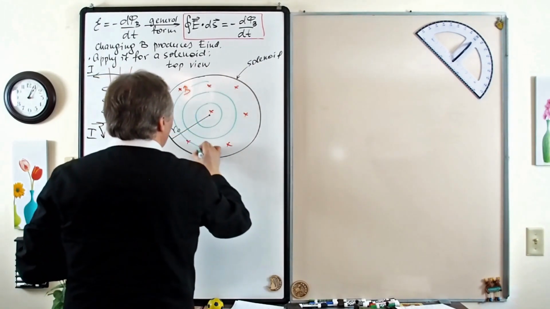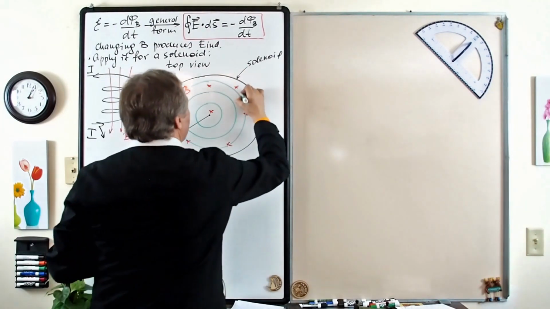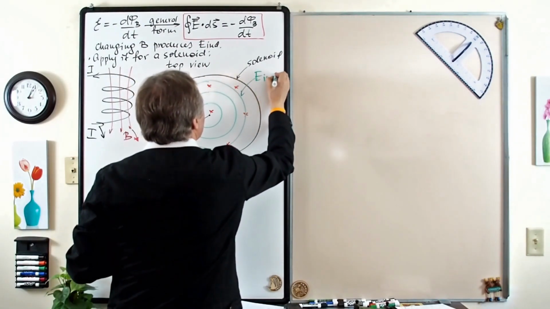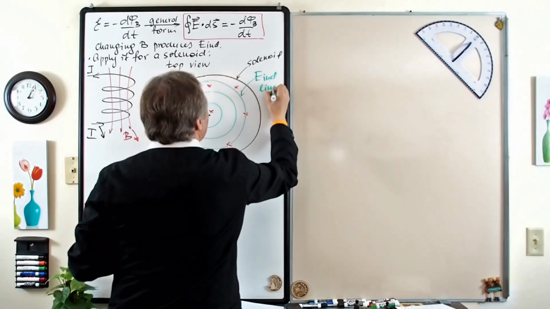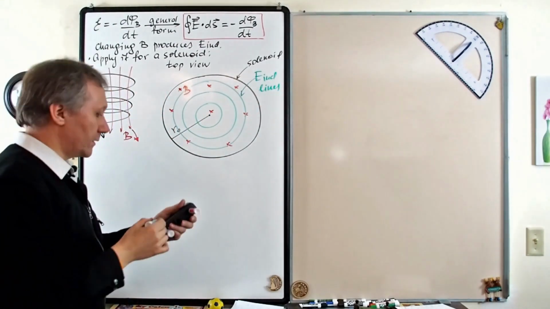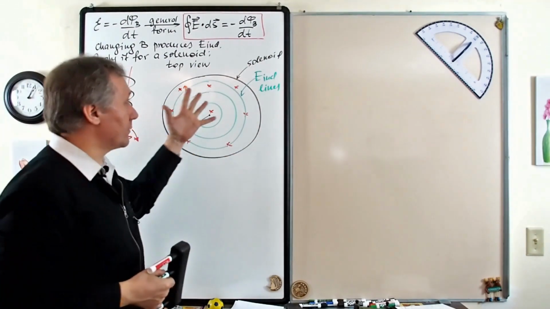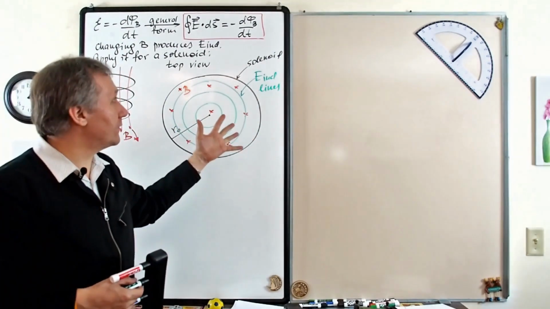Maybe I can draw more. So these are the induced electric field lines. Then, how can we find the direction of these induced electric field lines?